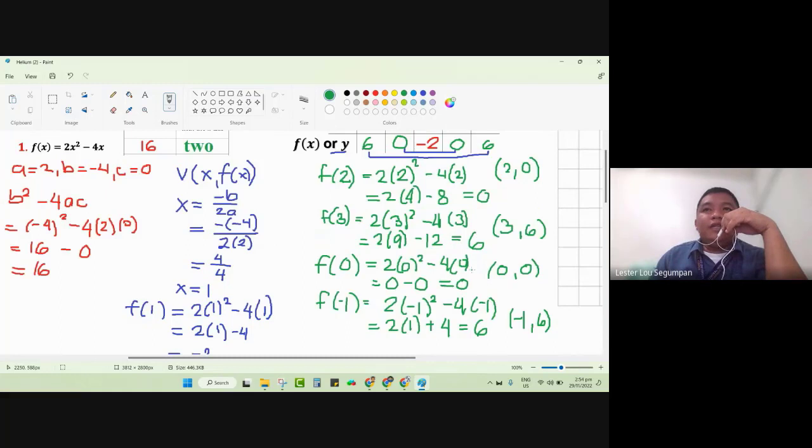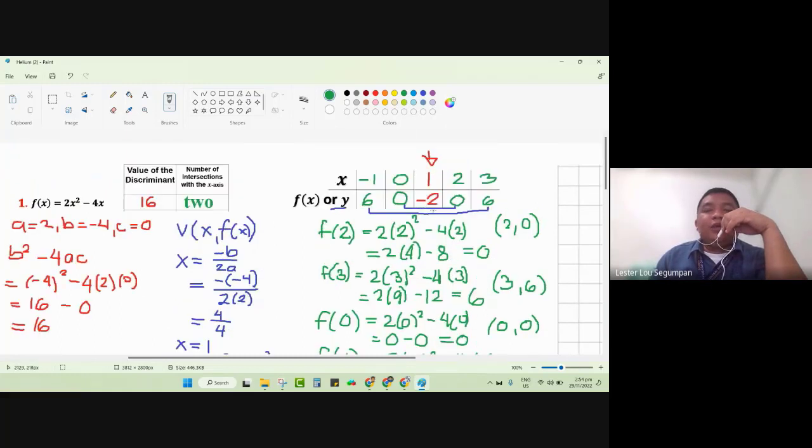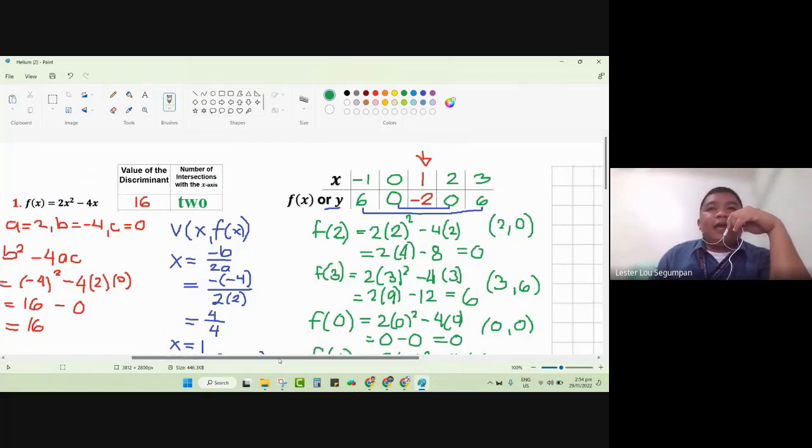So using this table of values, we need to show our graph in this Cartesian plane and probably tell later if it's really correct that there are two intersections with the x-axis using the concept of the discriminant. So let me add it here.